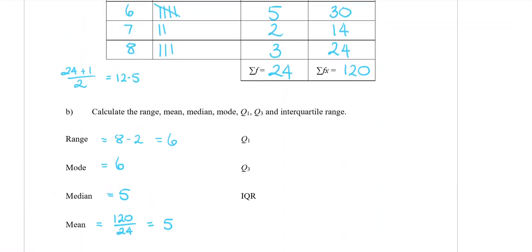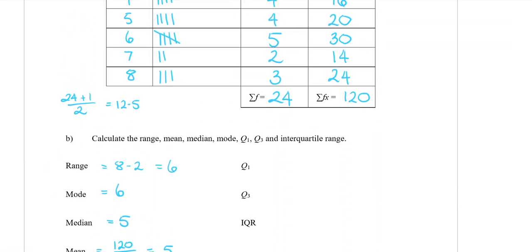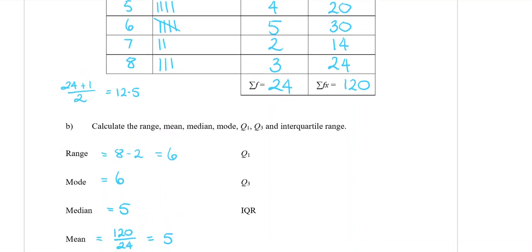Okay, now for the quartiles, Q1 and Q3. All right, back to this little thing I was doing up here. When I found the median, I found the median was between the 12th and the 13th number. It was at 12.5. Now that means if you think of that big line of numbers that you might have had, in a line in the middle, there would be 12 numbers below and 12 numbers above that median.